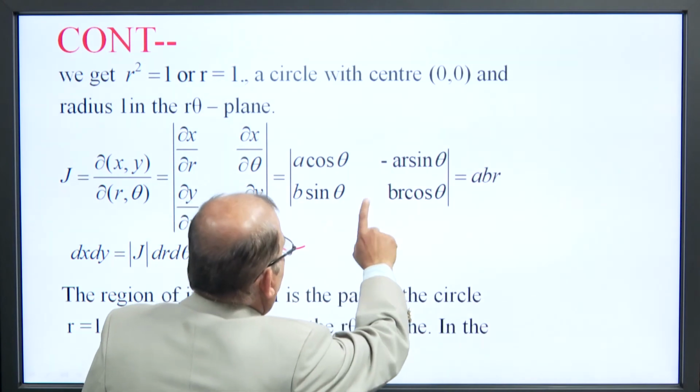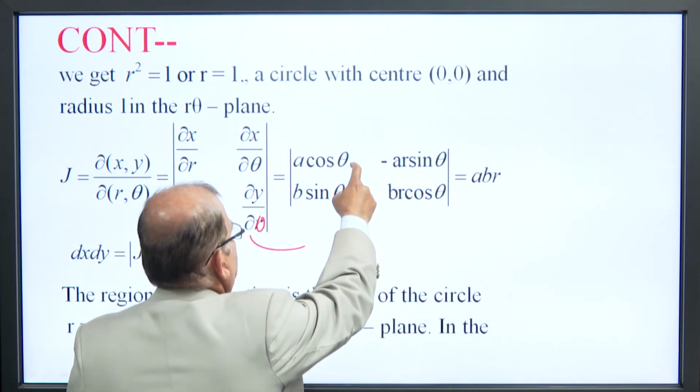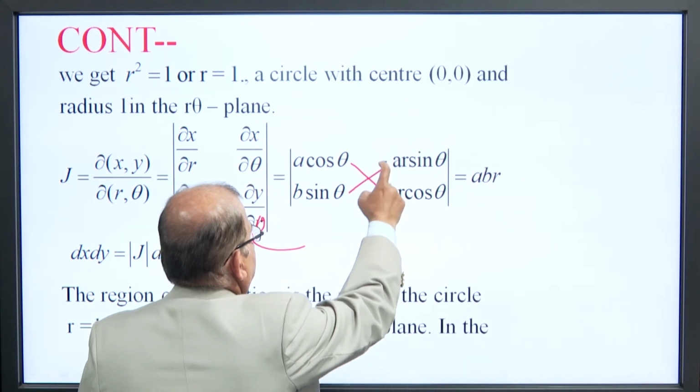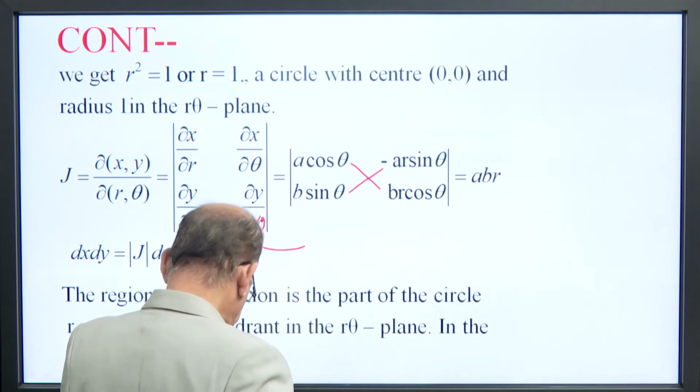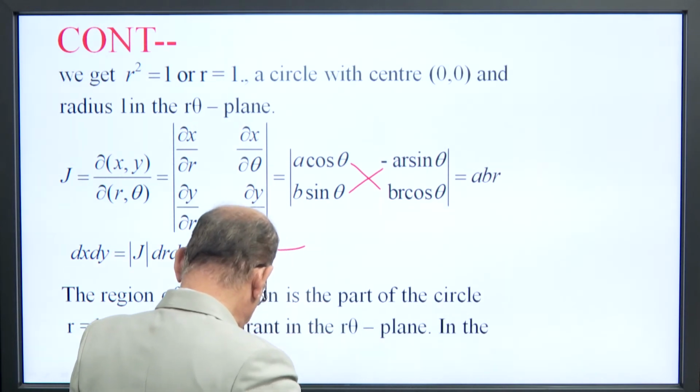After calculating this into this minus this into this, we get a b into r.